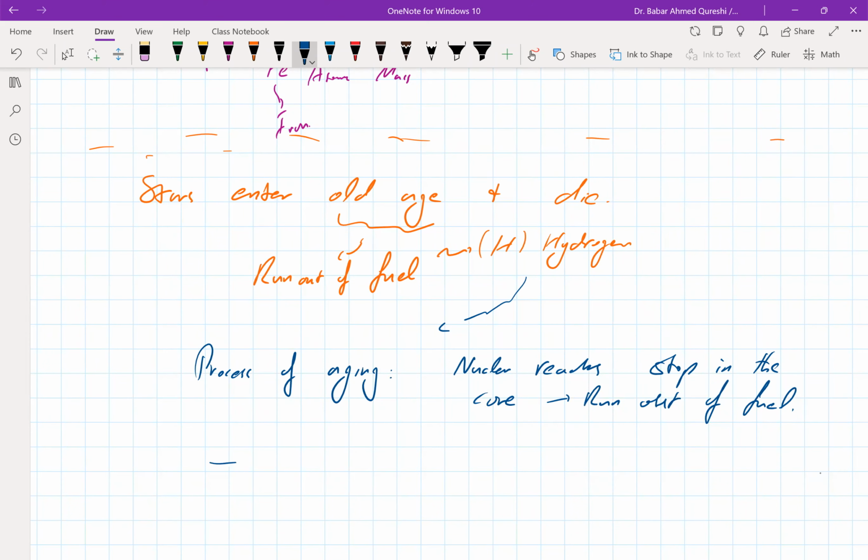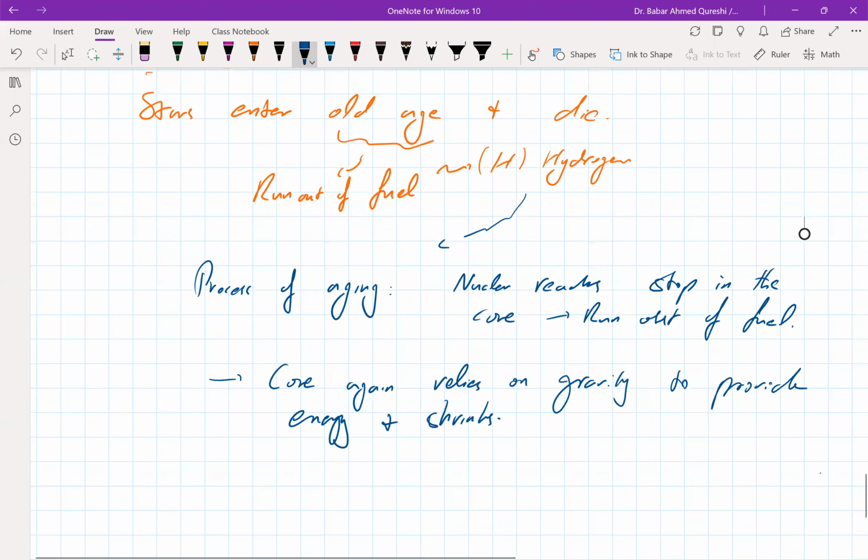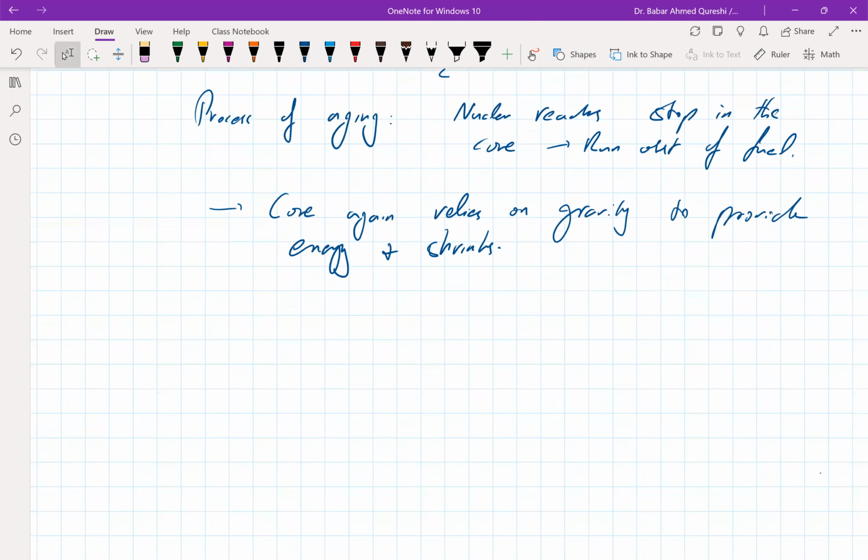And that means the core again relies on gravity to provide energy and shrinks. Just like again you have a hydroelectric system, a hydropower system going on. Something is falling, and that is energy.